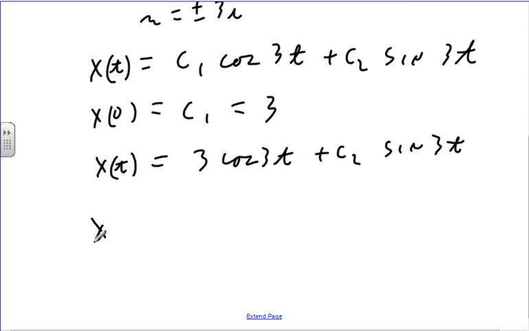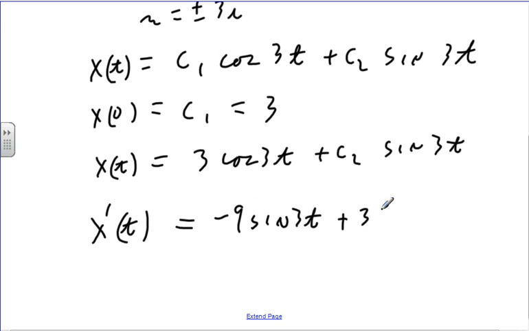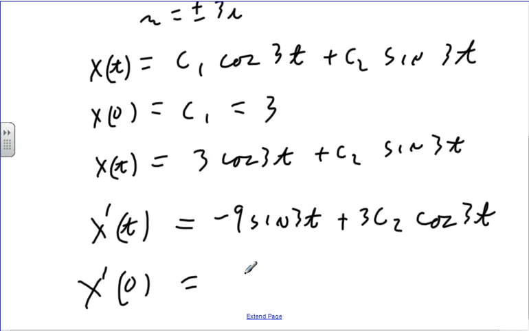And I got that x prime of t is equal to minus 9 sine 3t plus 3c2 cosine 3t. x prime at 0 is 4, implying that 3c2 is equal to 4, and c2 is equal to 4 over 3.